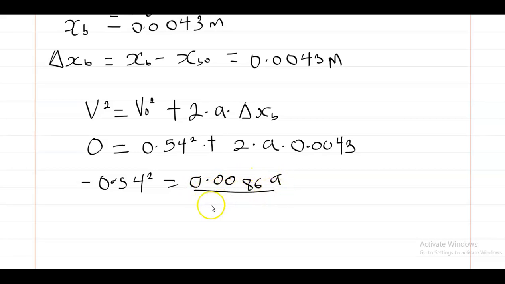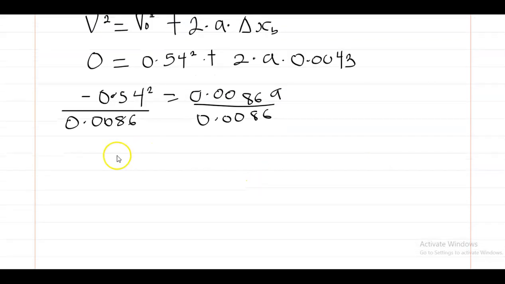Divide both sides by that. Now a will be equal to 33.9 meter per second squared.